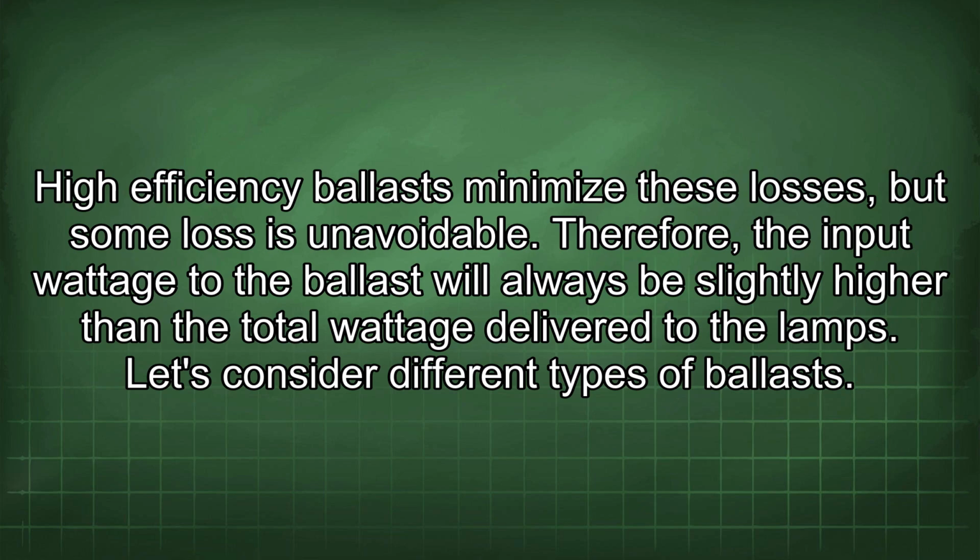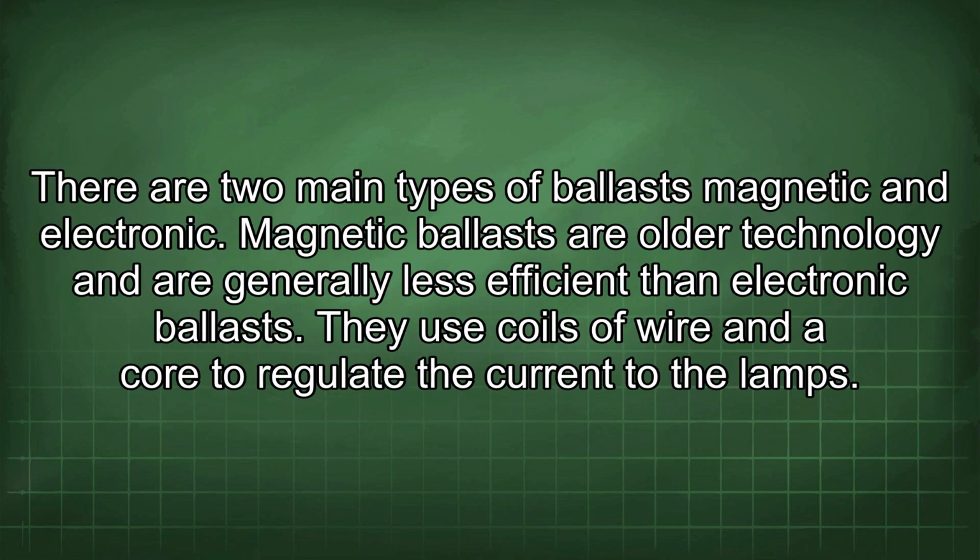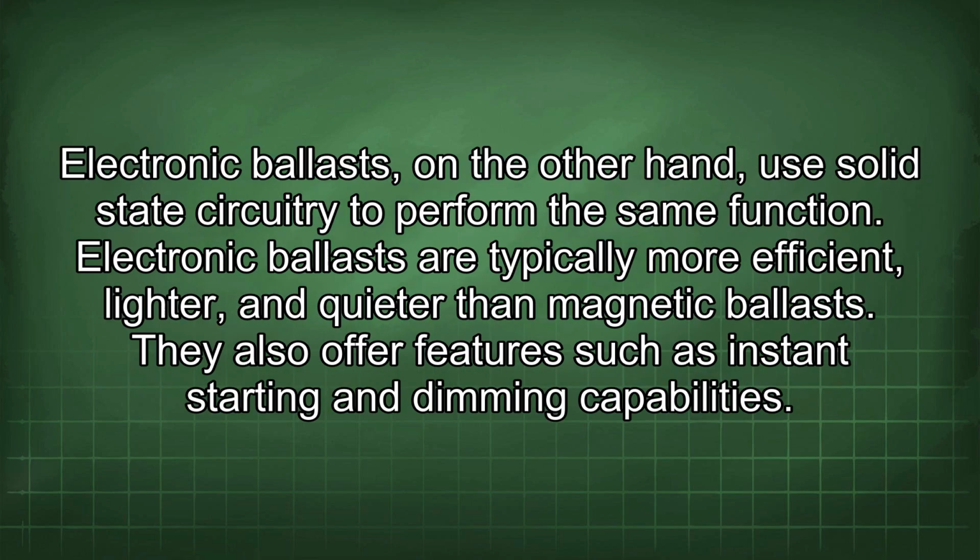Let's consider different types of ballasts. There are two main types of ballasts: magnetic and electronic. Magnetic ballasts are older technology and are generally less efficient than electronic ballasts. They use coils of wire and a core to regulate the current to the lamps. Electronic ballasts, on the other hand, use solid-state circuitry to perform the same function.